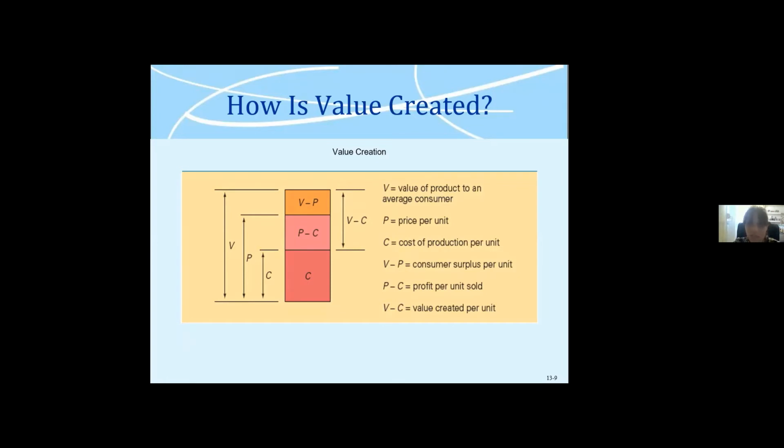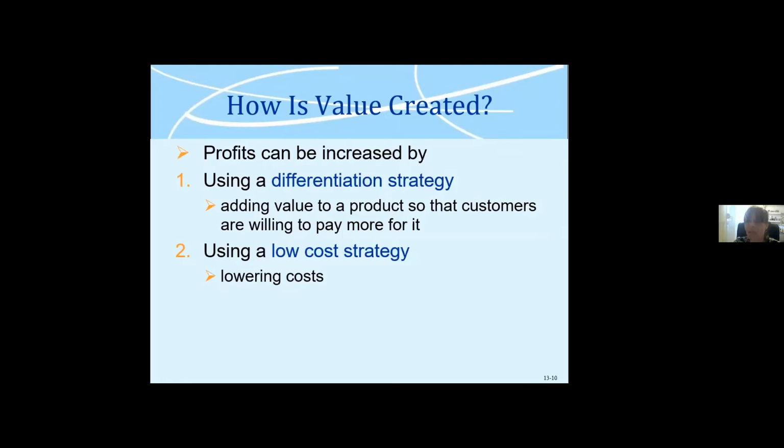And this is very important. We refer to a strategy that focuses primarily on lowering production costs as a low-cost strategy, and a strategy that focuses primarily on increasing the attractiveness of a specific product as a differentiation strategy. According to Michael Porter, low cost and differentiation are two basic strategies for creating value and obtaining a competitive advantage in an industry.